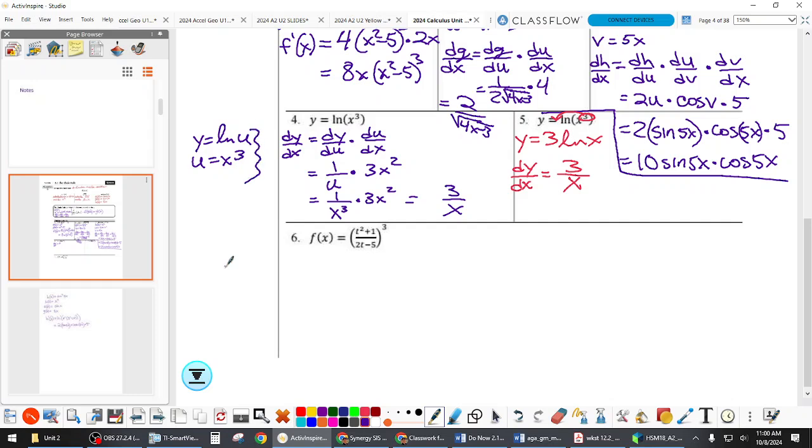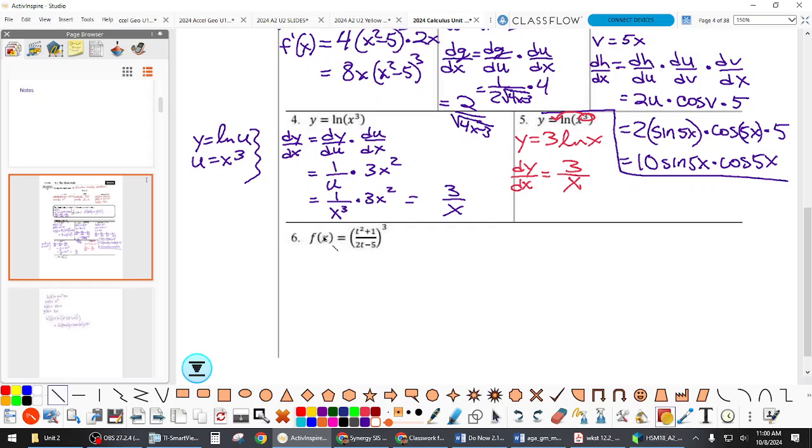All right, this one looks kind of nasty. Tell me what you think of it. You're right, it should. Let's change it. And then, Aiden, what did you say? So it's a quotient rule inside the chain rule.